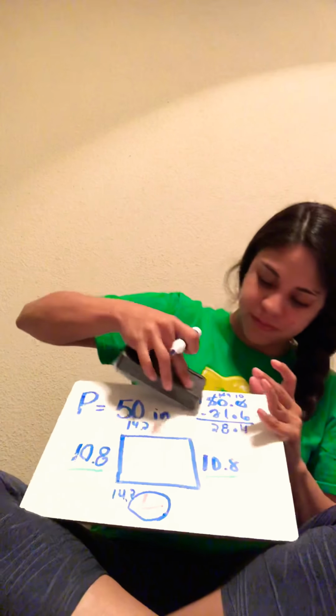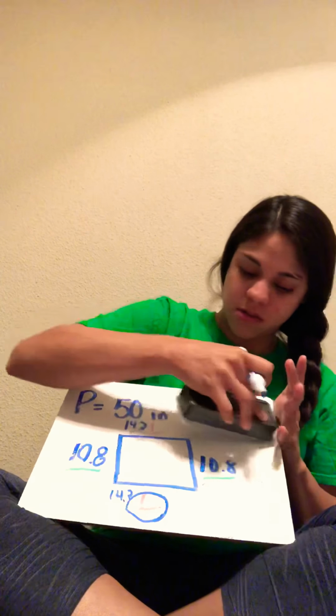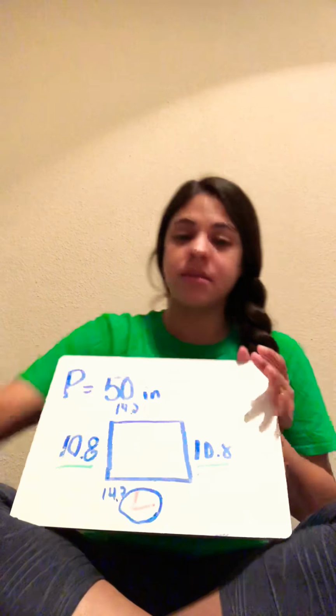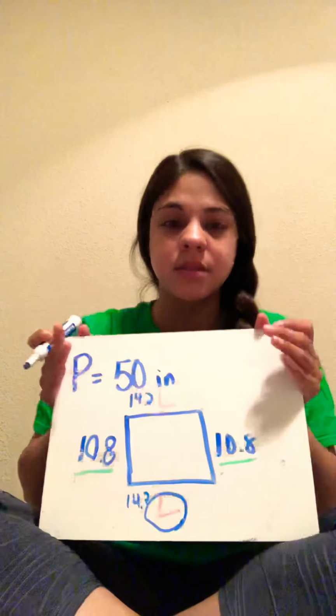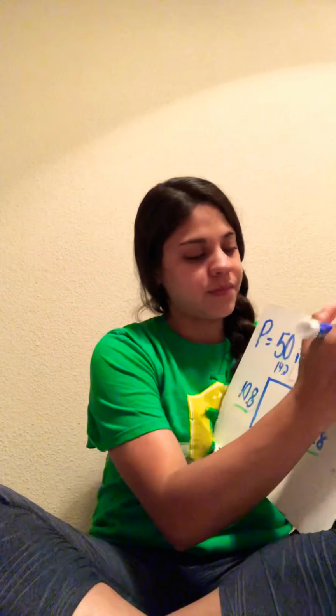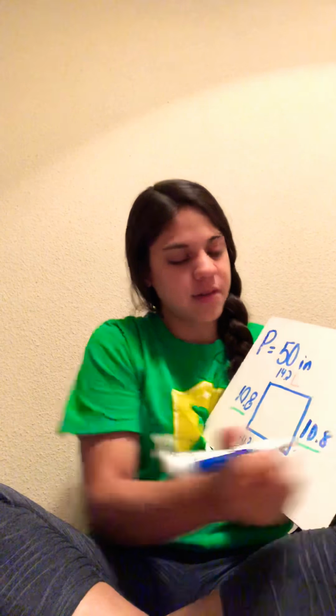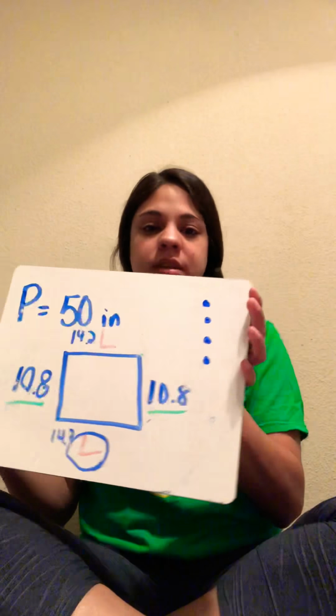I'm going to erase all this extra math so you won't be bombarded with a lot of information. To check my math, all I have to do is add up all the sides. So then I line up my decimals because now I have 4 numbers, right?